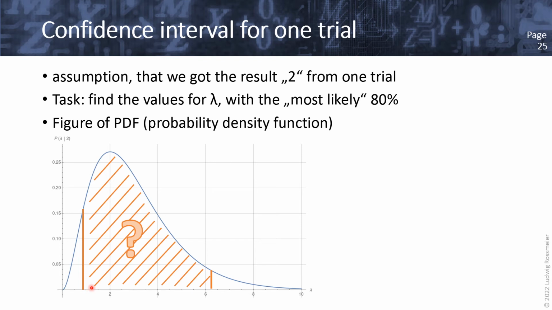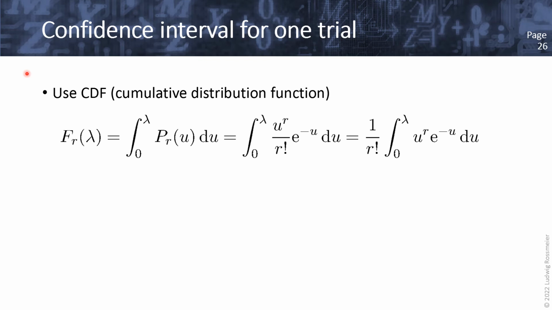What we could do, we could take an area which is 80% of the total area, and then we assume that this is the most likely 80%. For such questions involving the area under a graph of a probability density function, we use the CDF, which is the cumulative distribution function.